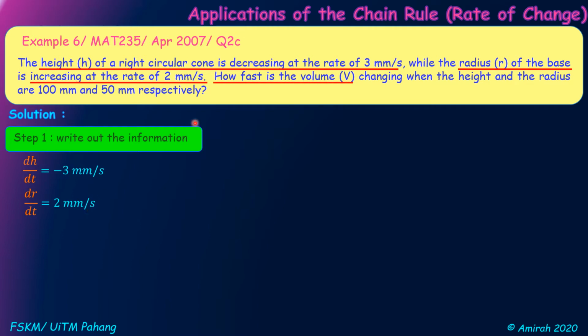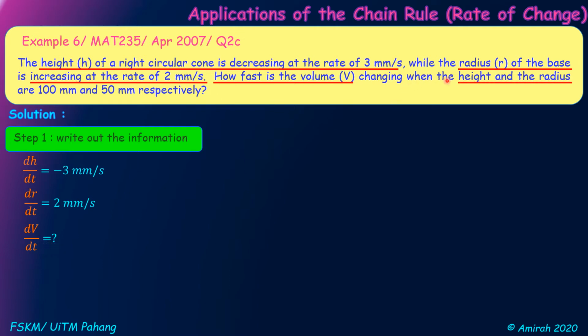Alright, and then how fast is the volume? Okay, volume means dV. How fast means the rate, means based on time. Okay, and then how we want to find, so we put equals to question mark.